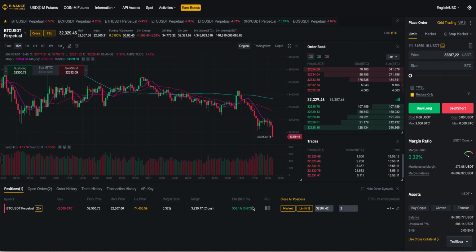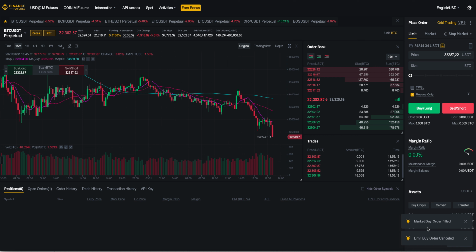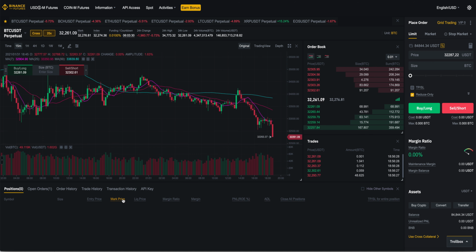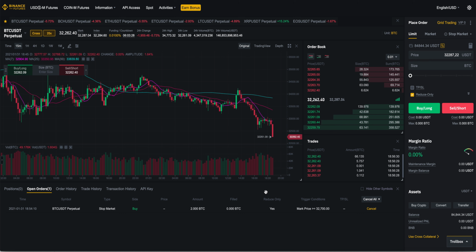I mean, okay, I'm happy. For example, I can market close my position here, and so my position is closed on market, and all the orders I set up from here get automatically removed.